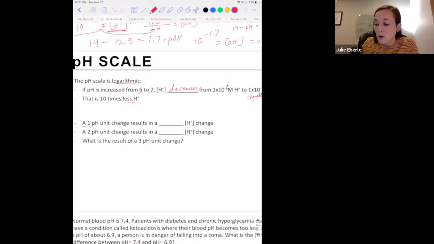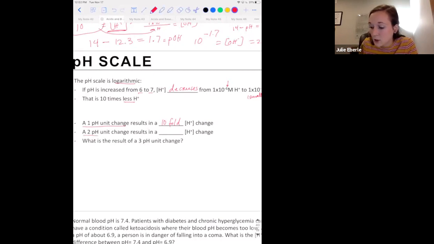So what that means is a 1 unit pH change results in a 10-fold H plus ion change. The concentration of your ion changes 10-fold, decreases.